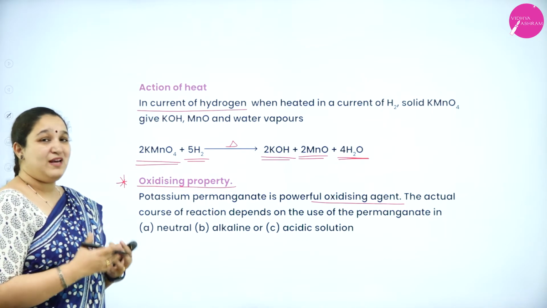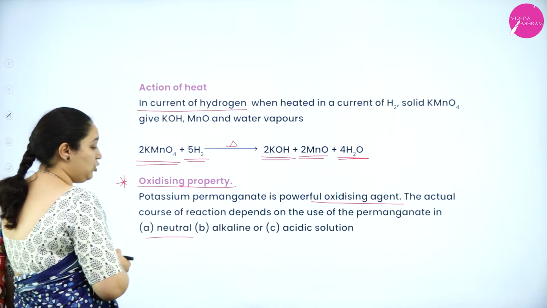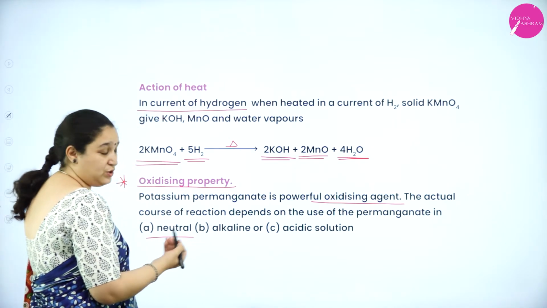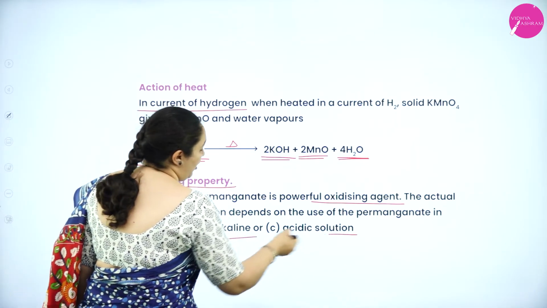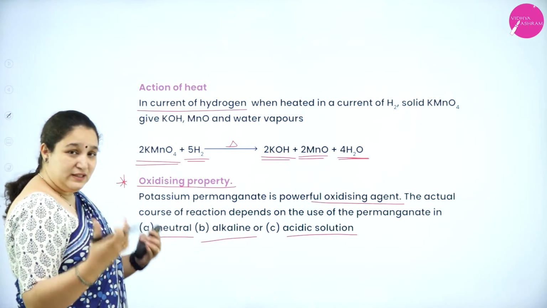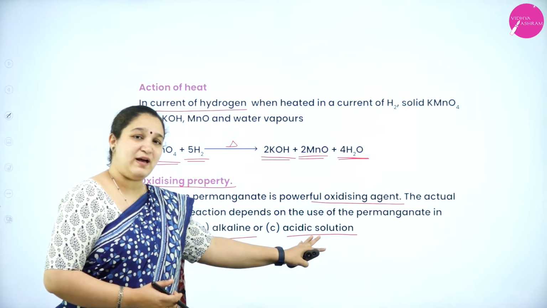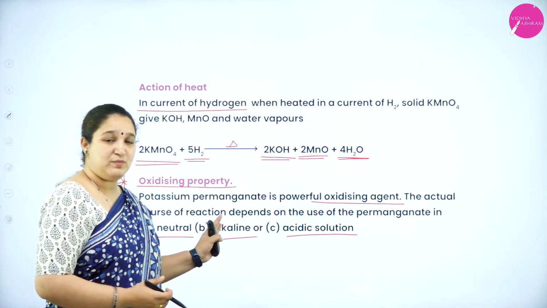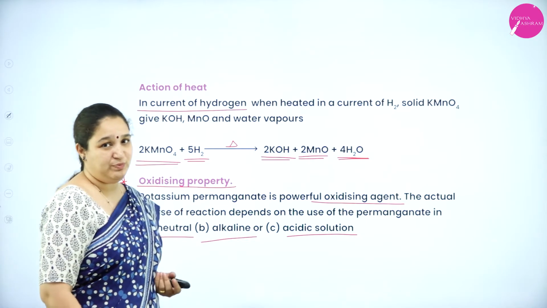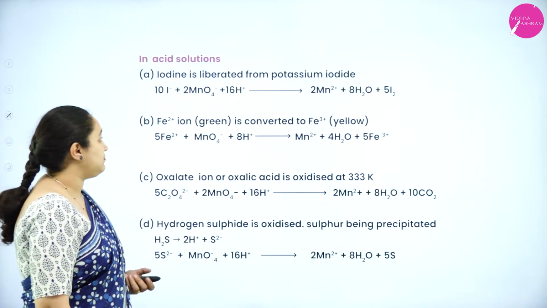That is, potassium permanganate is a good oxidizing agent in neutral solution, in alkaline medium, or even in acidic medium. But what product is formed depends on whether you're using acidic potassium permanganate, alkaline potassium permanganate or neutral potassium permanganate. So we'll see some of the reactions.